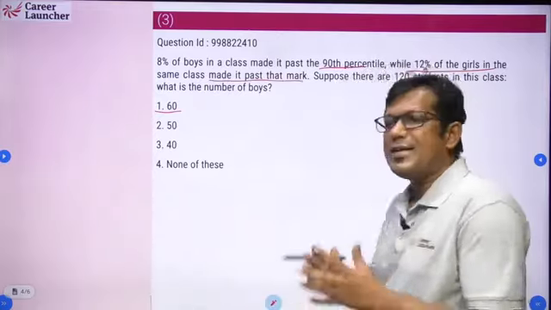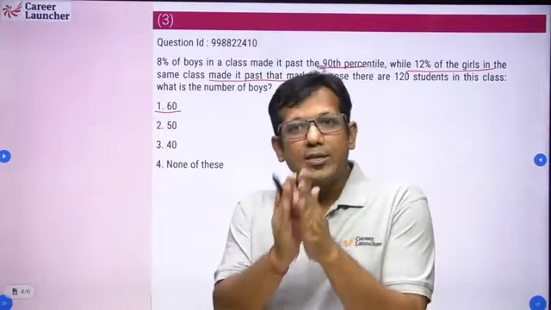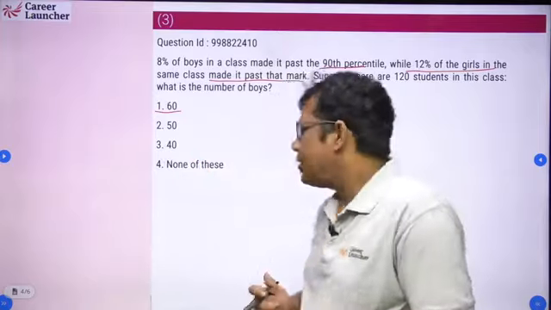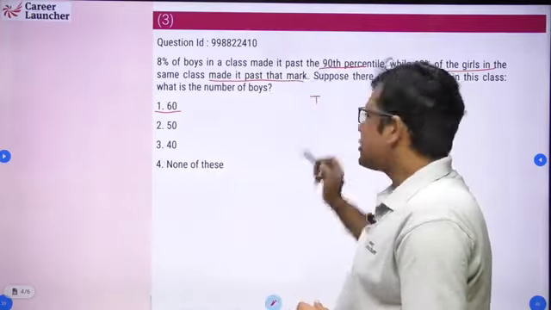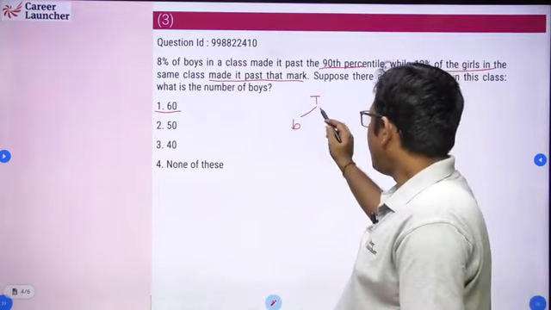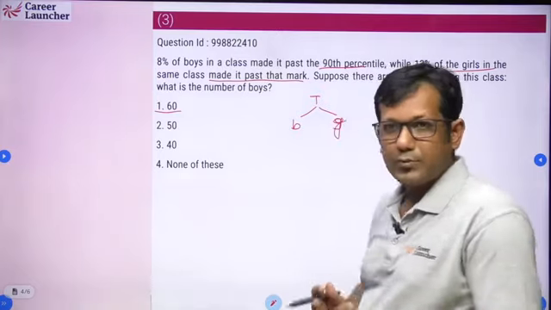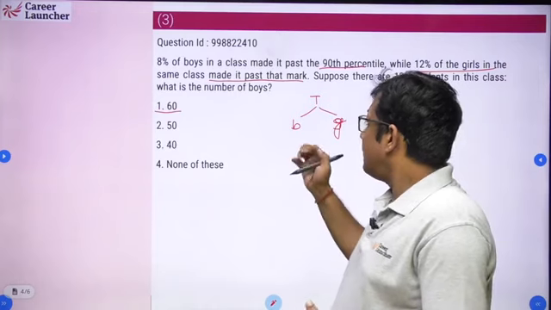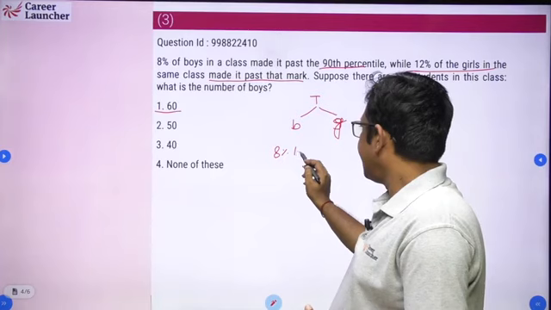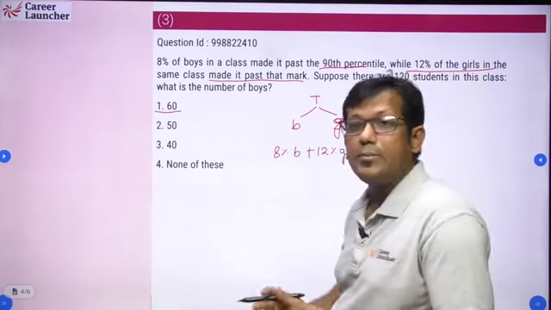Okay, so basically what is the meaning of 90 percentile or above? So above the 90th percentile, 10% of the total people are there, right? So let's say the total number of people in the class is T. Out of T, there are going to be some boys, B, and some girls, G. So 8% of the boys and 12% of the girls are above the 90th percentile.